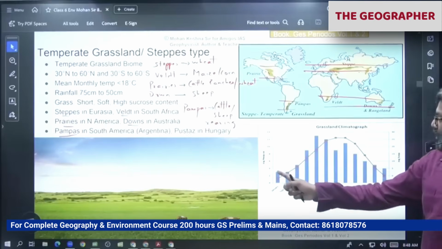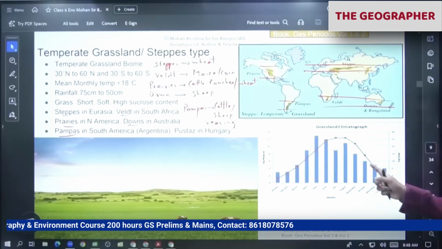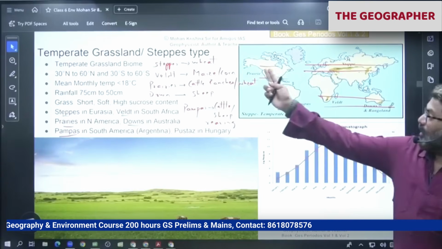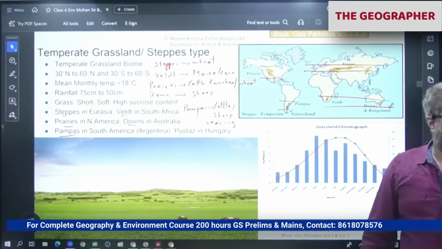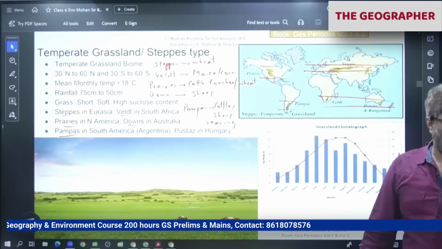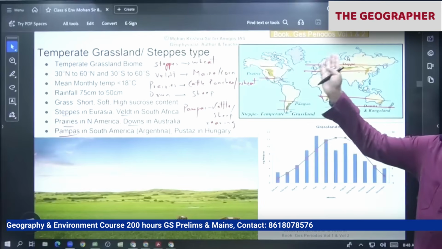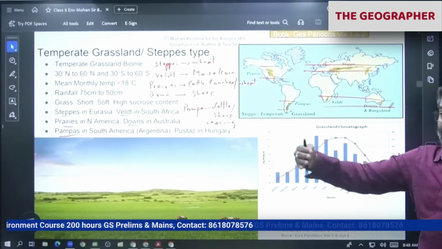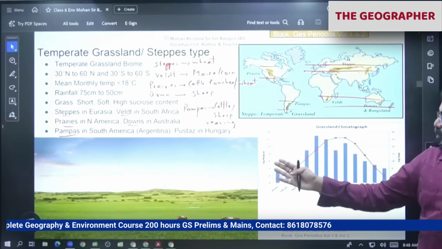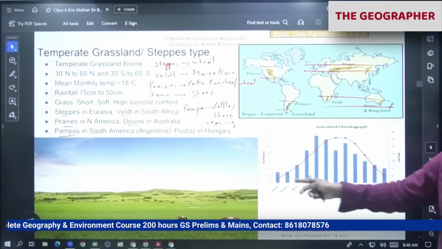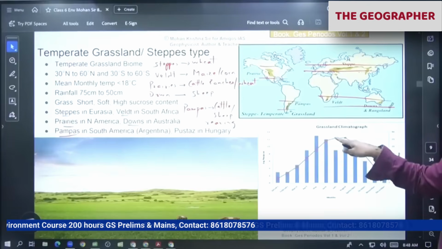See the climograph now. Here you can see rainfall almost throughout the year, because this belt is close to the frontal precipitation area, so it receives some rainfall. Remember, these areas are the places where warm air mass and cold air mass meet. They receive slightly moderate rainfall. And see the temperature: winter temperatures are low, summer temperatures are high.